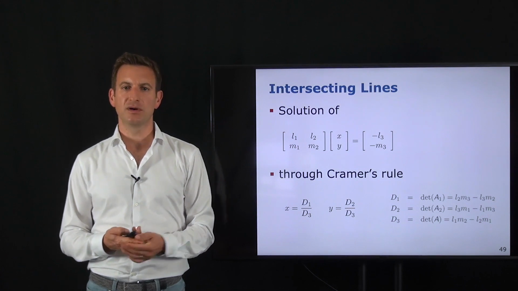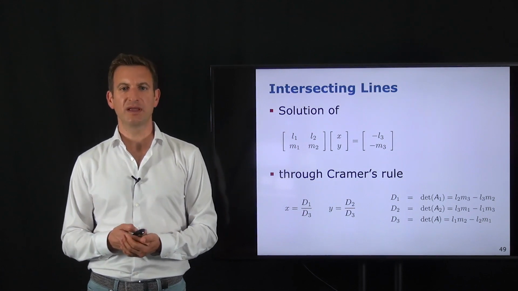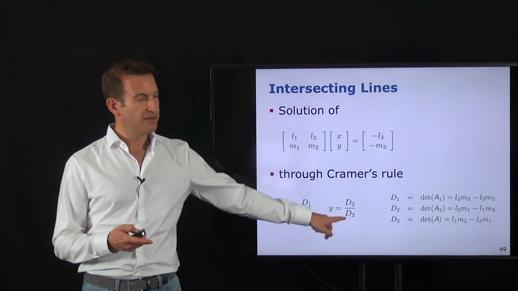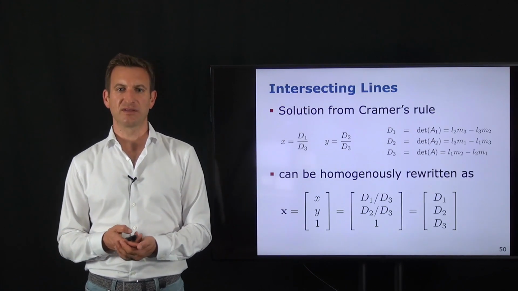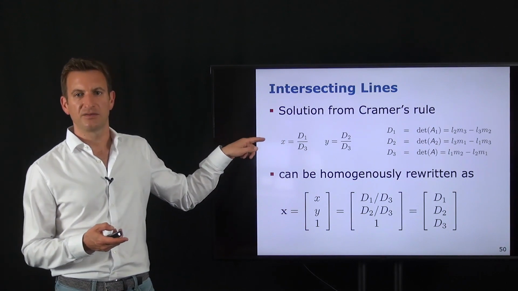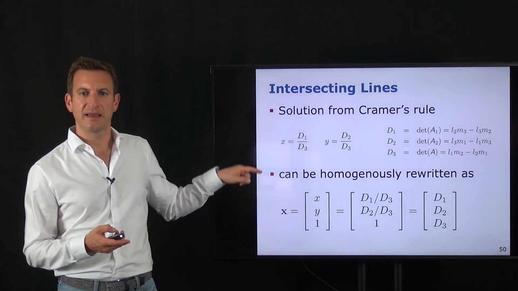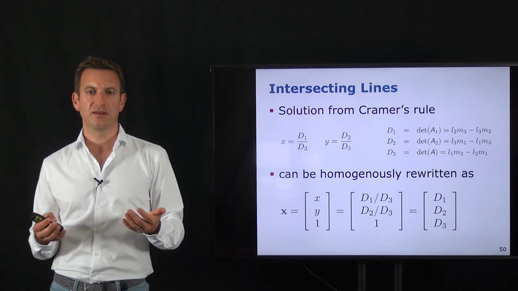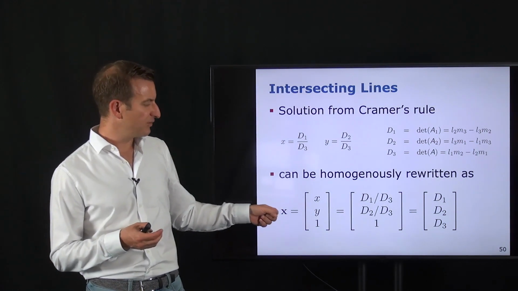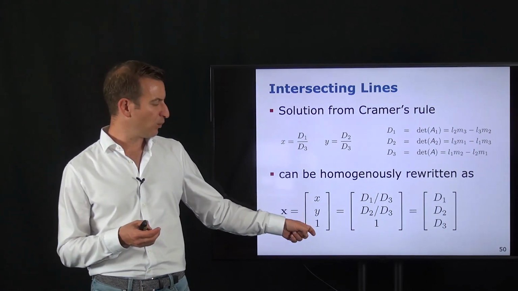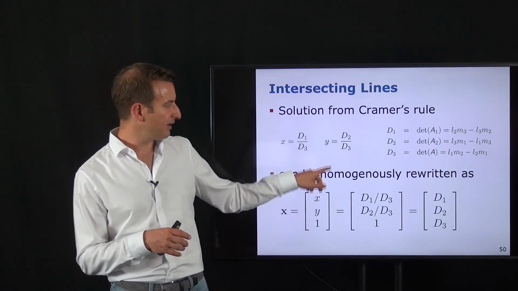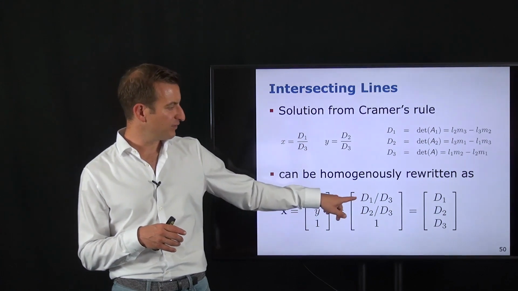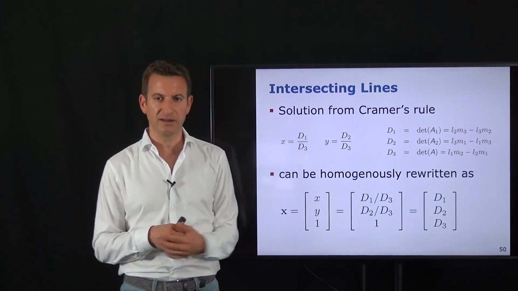So this is my result, and now I'm just taking this result and slightly rearranging it. This is the solution of Cramer's rule, and I can rewrite it in homogeneous coordinates by saying my solution is a vector x, y, 1, which is the intersection in Euclidean coordinates, and this is nothing else than the result of Cramer's rule: d1 divided by d3, d2 divided by d3.